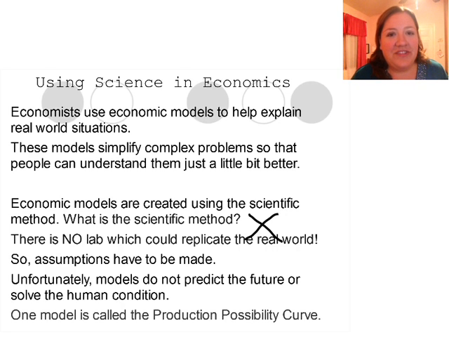In step 3 of this scientific method, the researcher, the economist, will go out and test his hypothesis. And sometimes that's done through surveys or interviews or maybe something as cool as an experiment.